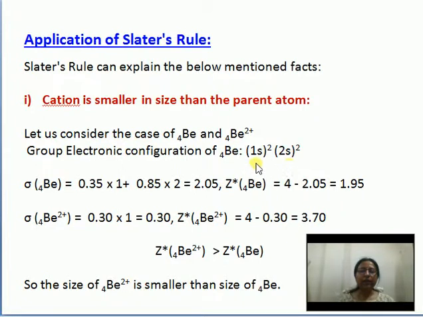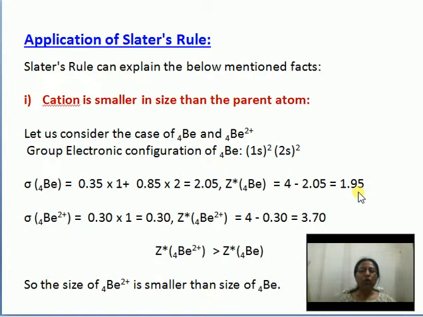Then inside we have two other electrons which are coming from the 1s orbital, and as this is the n minus 1 shell, the contribution will be 0.85. So this addition will give us a value of 2.05, and then the Z star will be 4 minus 2.05, and it will give rise to the value of 1.95.